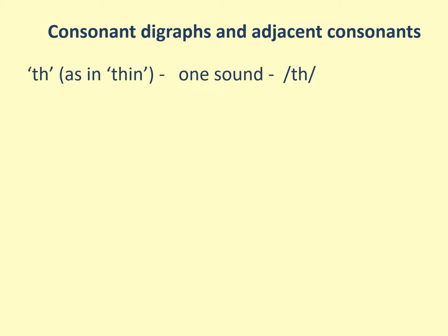The first phoneme, th, is made by those 2 letters together. Those 2 letters make that one sound, that one consonant sound of th. So we have consonant, vowel, consonant.